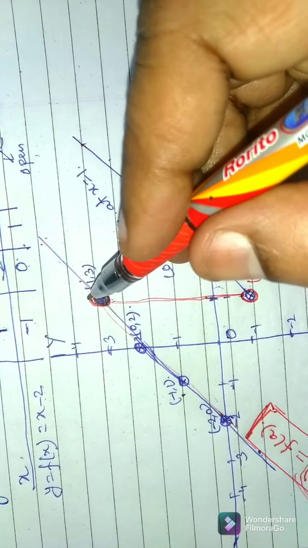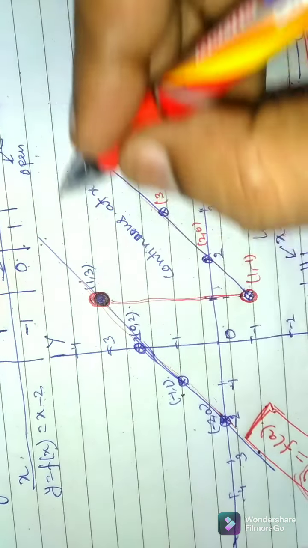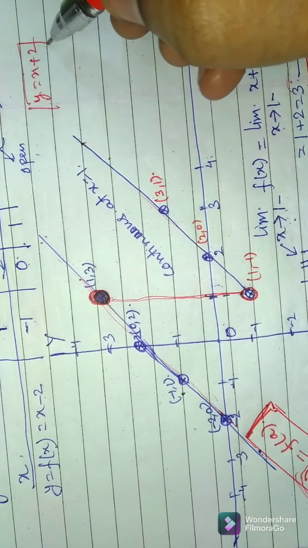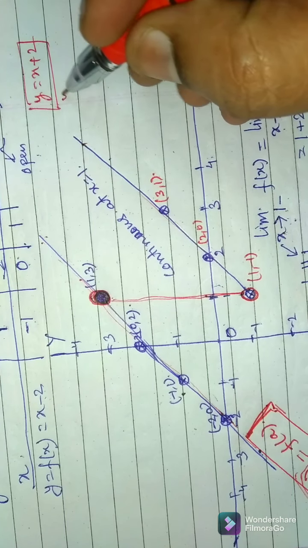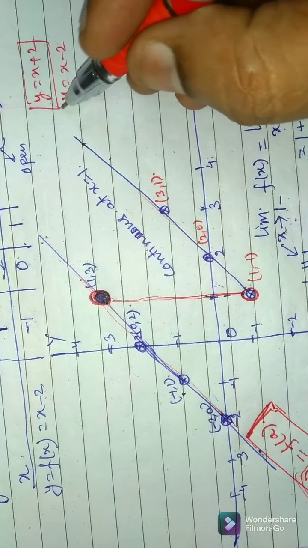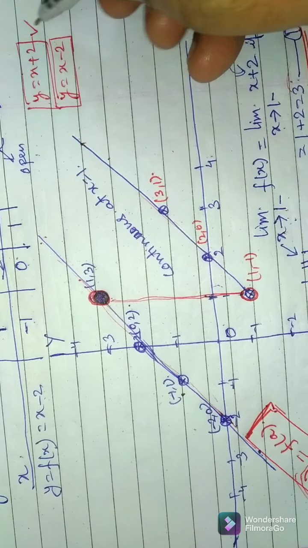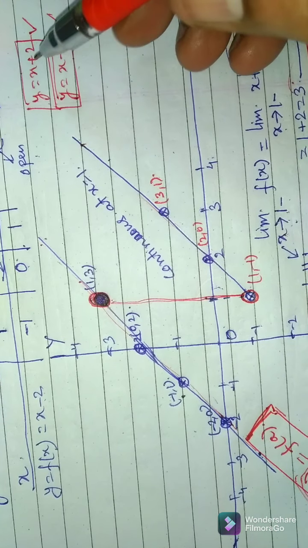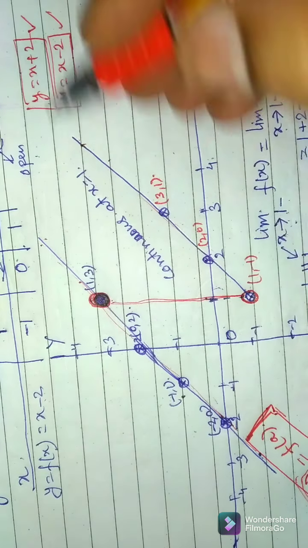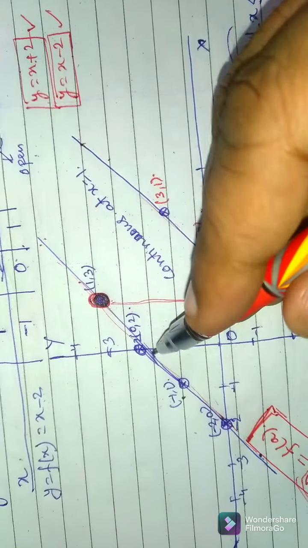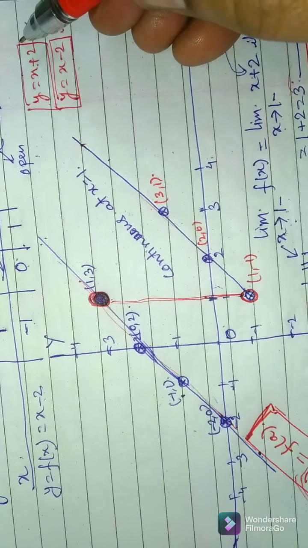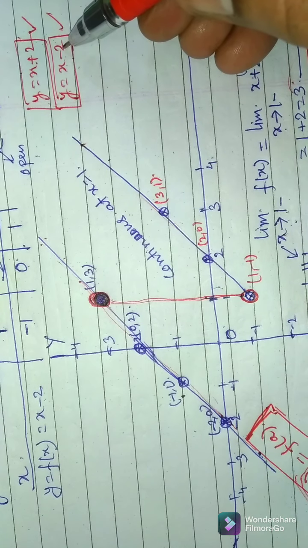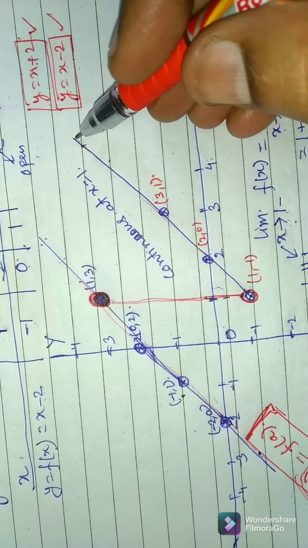If you suppose y is equal to x plus 2 is given, it is a linear polynomial, and y is equal to x minus 2 is given. Separately these two represent linear polynomials, and in the graph they represent straight lines. So y equal to x plus 2 individually is a continuous function, and y equal to x minus 2 individually is a continuous function.